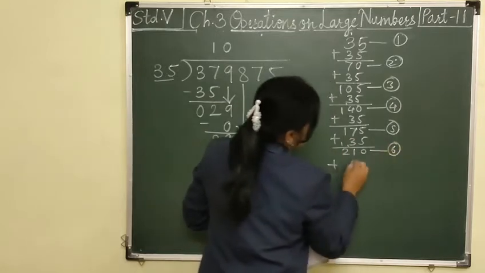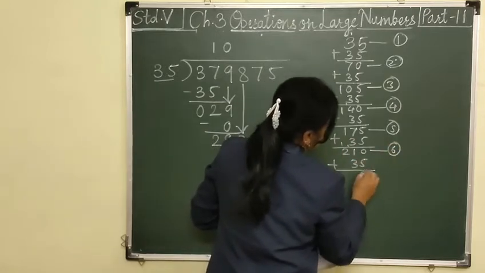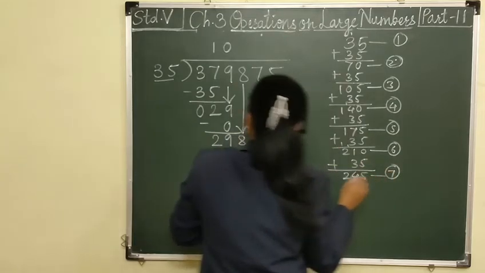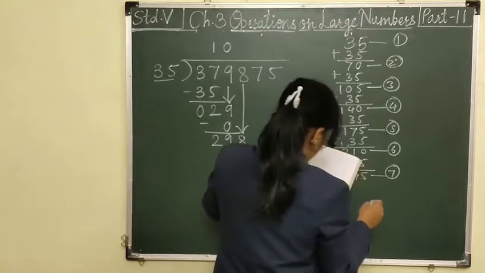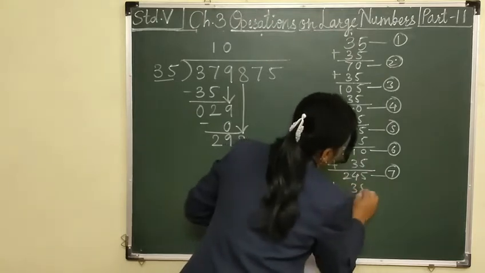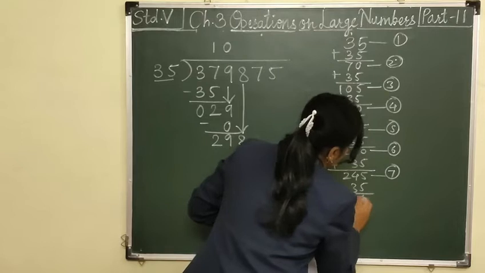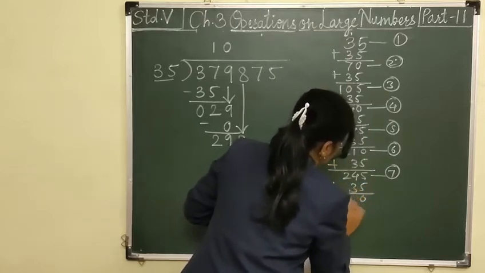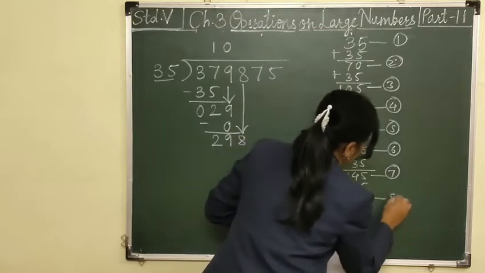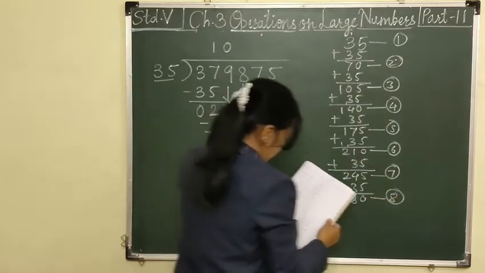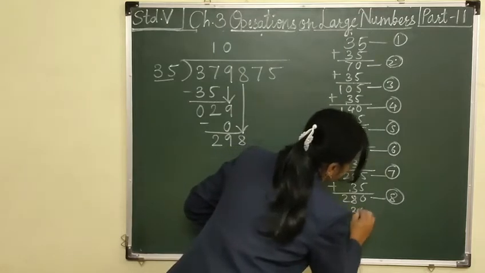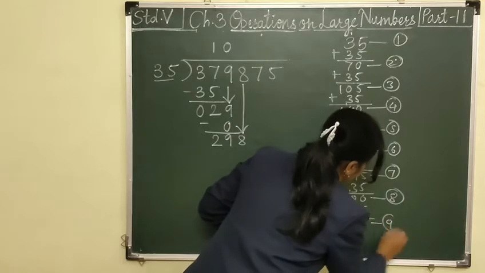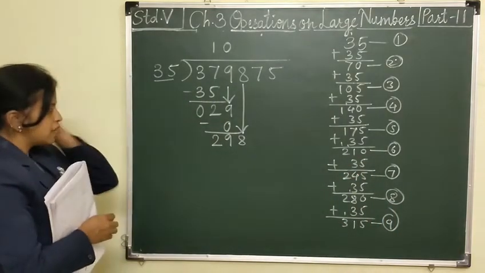Again plus 35. This is 7s. Again plus 35. That is 288, and plus 35. That is 9s. Now we have to check the number.